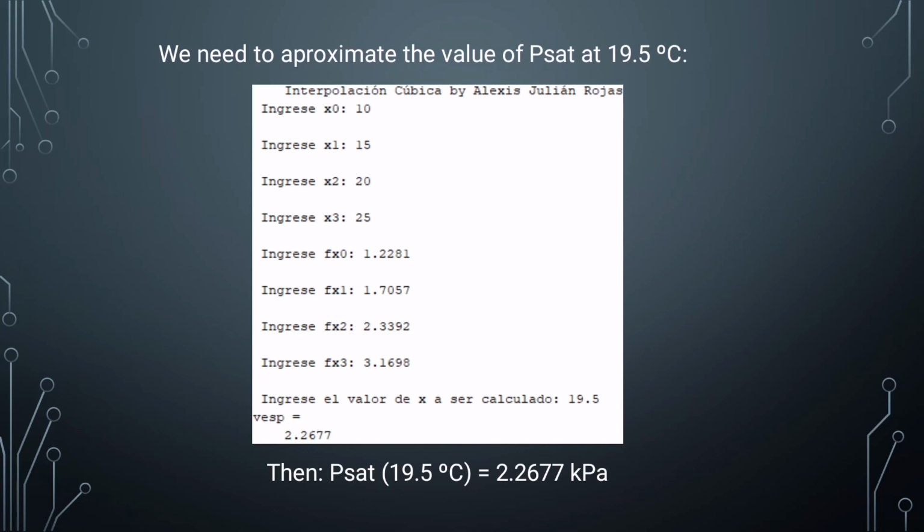And we need to approximate the value of saturated pressure at 19.5 degrees Celsius, because there is no exact value in the table A4. After interpolating, we get the saturated pressure at 19.5 degrees Celsius equals 2.2677 kilopascal.